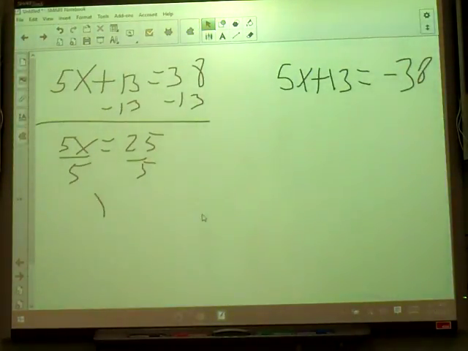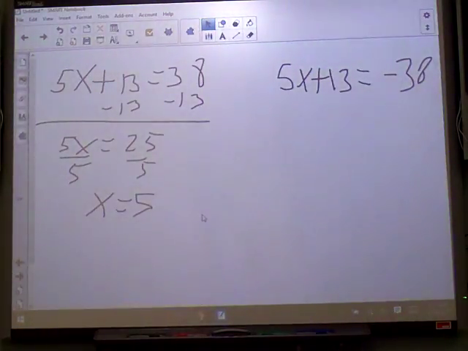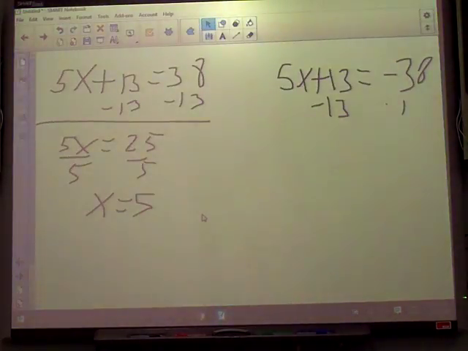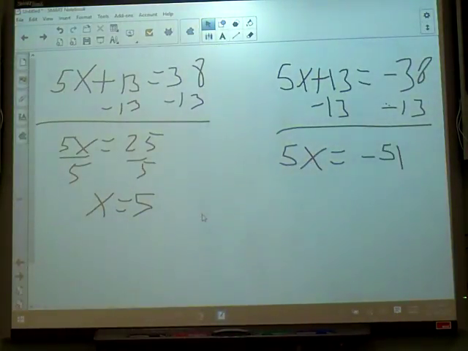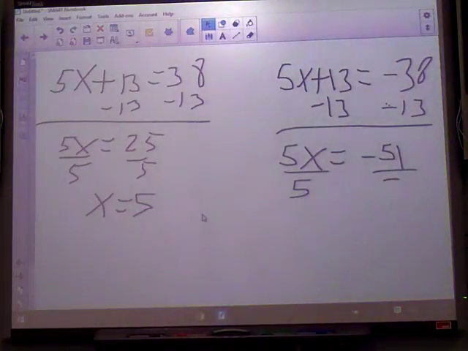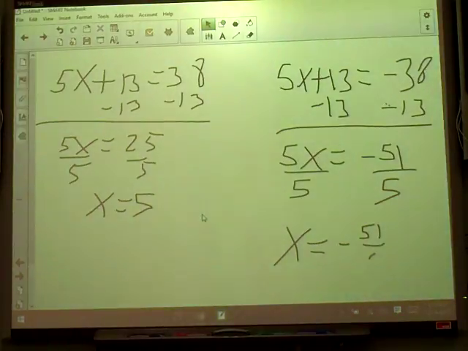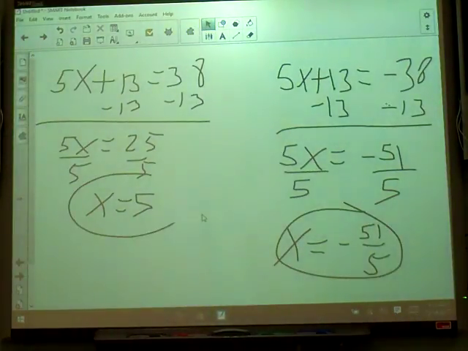So there's one of my answers. Over here on the second one, I'll subtract 13. Let's make 5x is negative 51. And that doesn't go in evenly, so I just left it as negative 51 fifths. So I had 2 answers on that one.